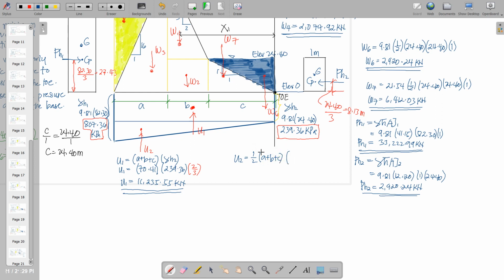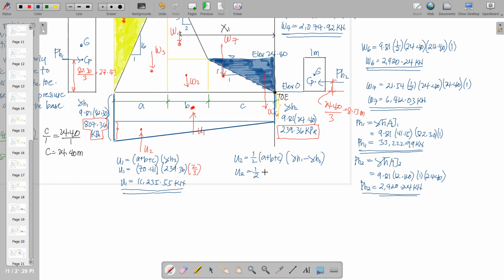times the difference between gamma H1 minus gamma H2. And the difference is actually the height of that triangle.